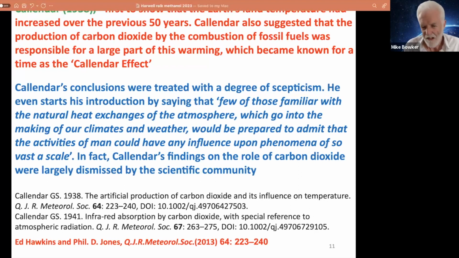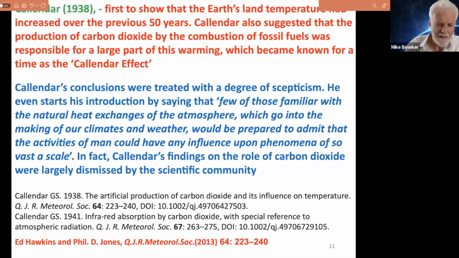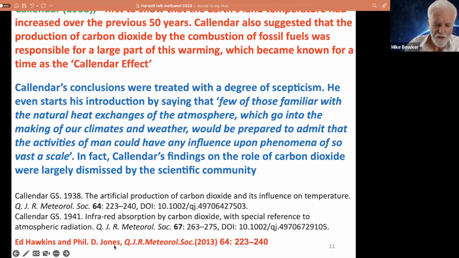They didn't think that man could have such a big effect on temperature in the climate. So his papers are down there at the bottom, and you might be interested to read this very nice historical review by Ed Hawkins and Phil Jones. All of these are published in the Quarterly Journal of the Royal Meteorological Society.